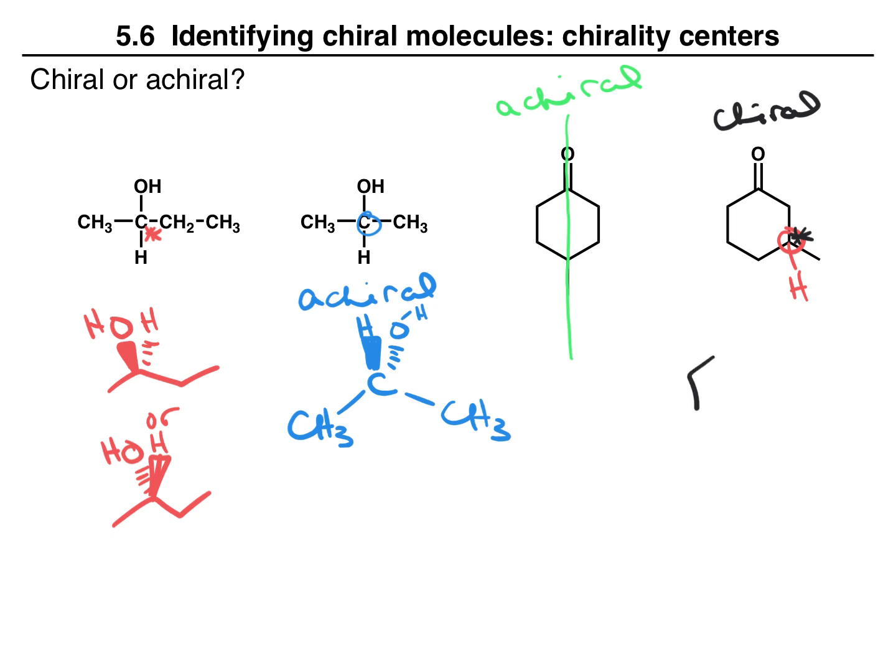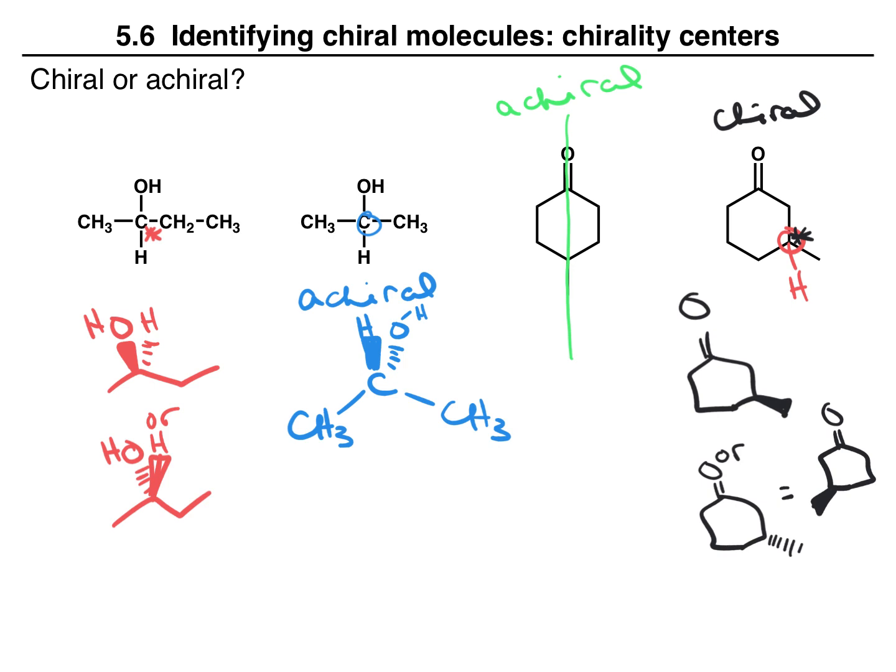So it exists as this, where we have our methyl group coming forward, or as this, where we have our methyl group going back. These molecules are not the same as each other. Let's imagine that we take this compound and pick it up and flip it over like a pancake, giving us this group in front.